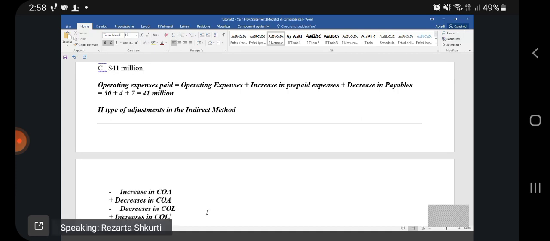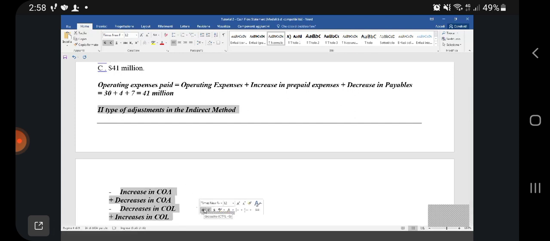The second type of adjustments in the indirect method is the basis on which we decided the signs over here, okay? Increasing prepaid expenses is an operating asset.